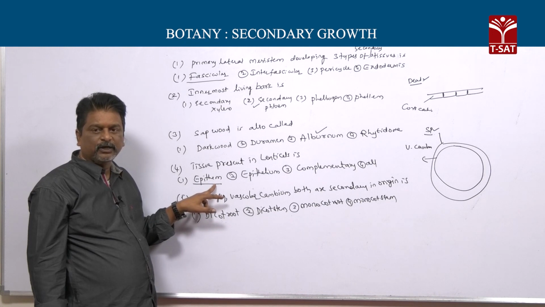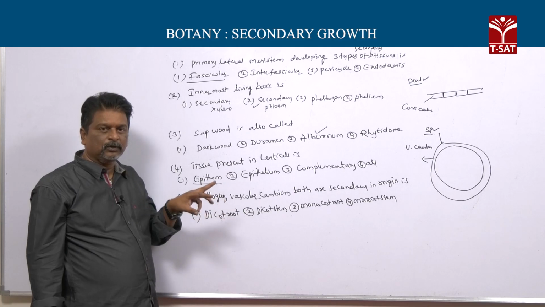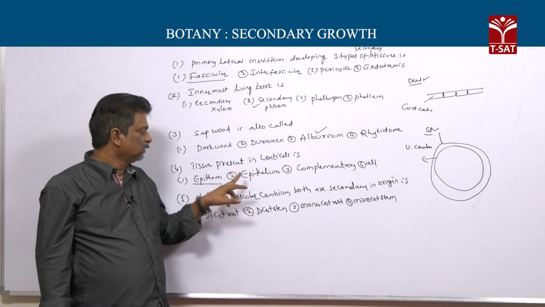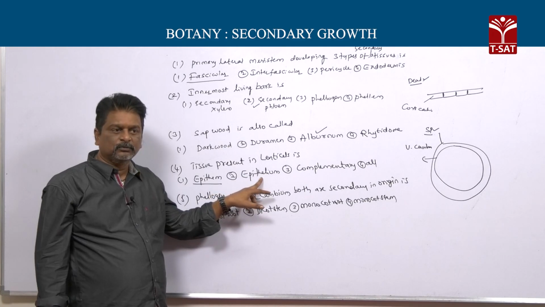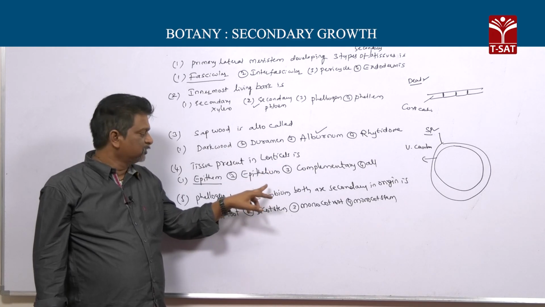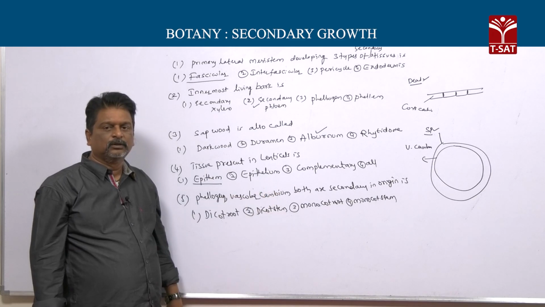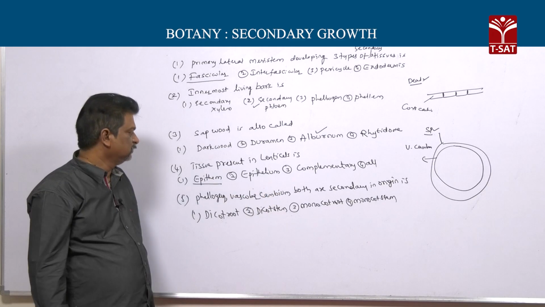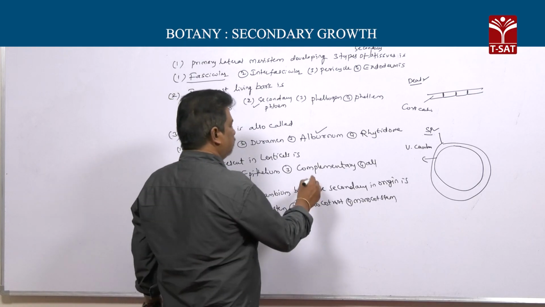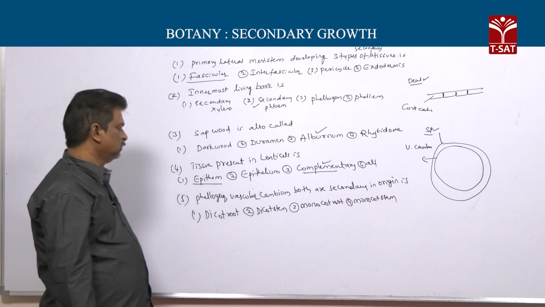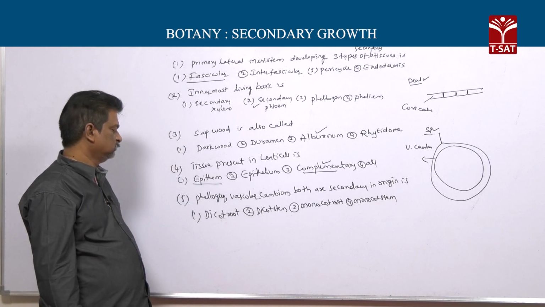Epithem is colorless parenchyma which is present in the hydathode. Epithelium is the secretory layer present in a schizogenous cavity. So complementary cells are present in lenticels.